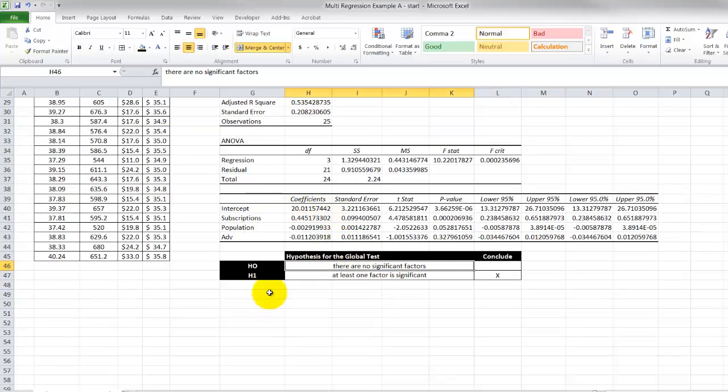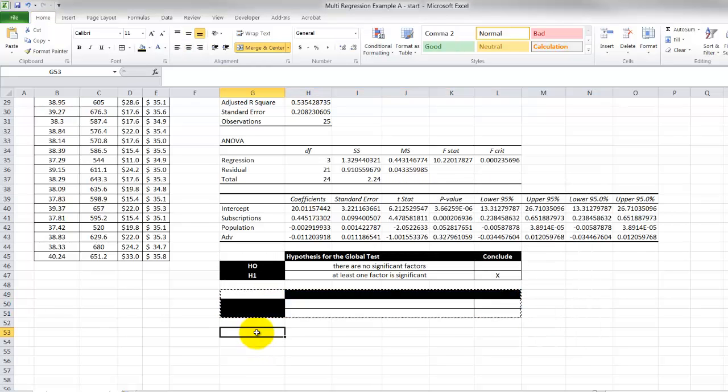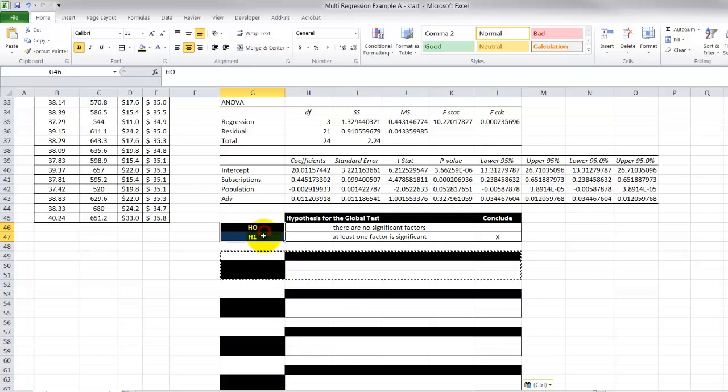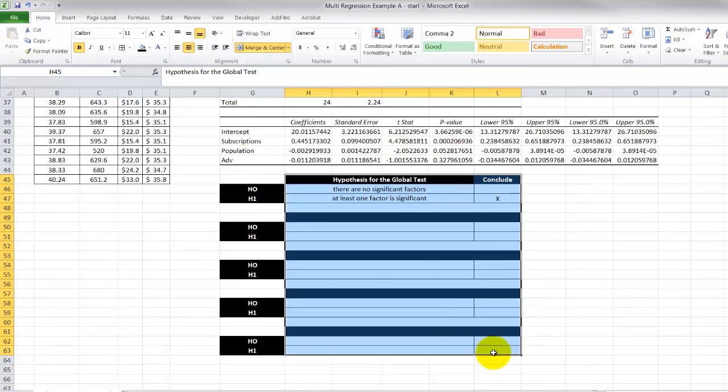Now in this particular table, we're going to have 4 hypothesis tests. I'm going to paste the formats of this table 4 times. And I can go ahead and copy the H1, H0 statements. Let's go ahead and put everything in the center.